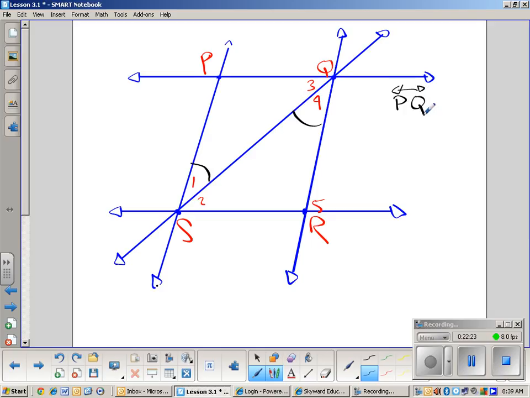Someone other than Hunter, how do we name this other line then? Line SR. Okay. How would I name this line? Line QR. Someone totally new now. How would I name this other line over here? Line PS.